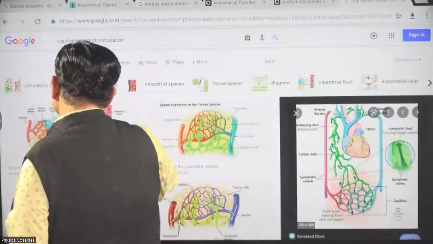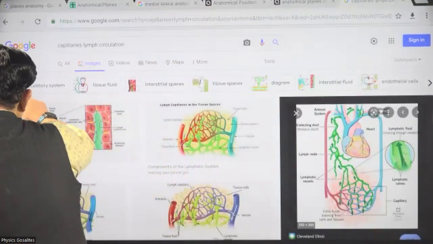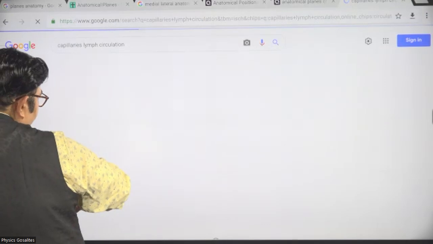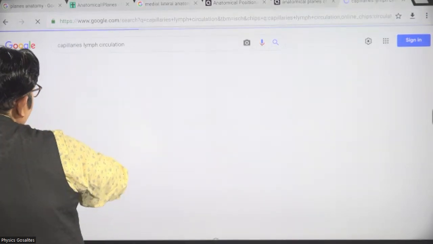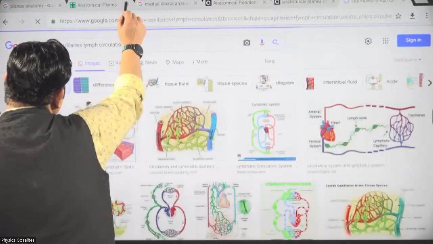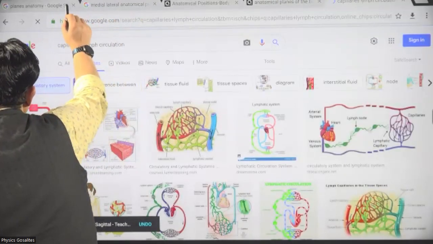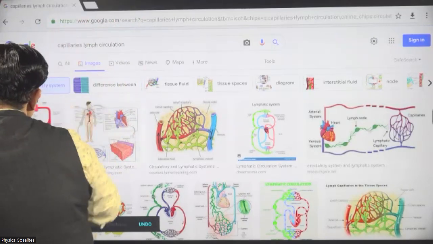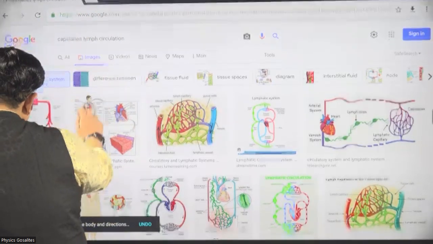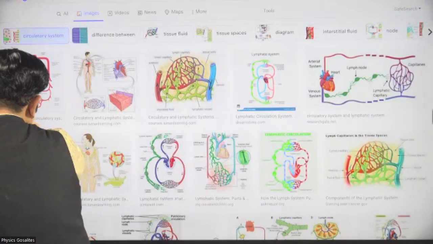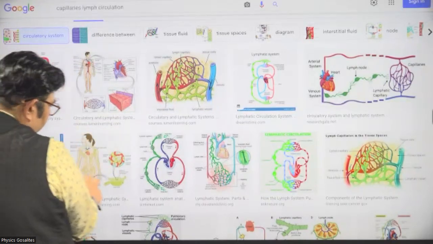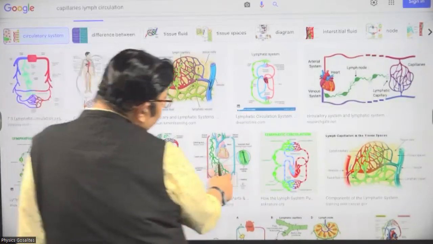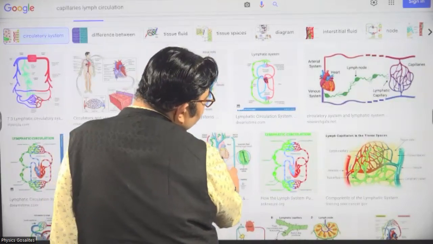We'll try to take out the image directly. Circulatory system. This is good, but the cells are not shown in this picture.